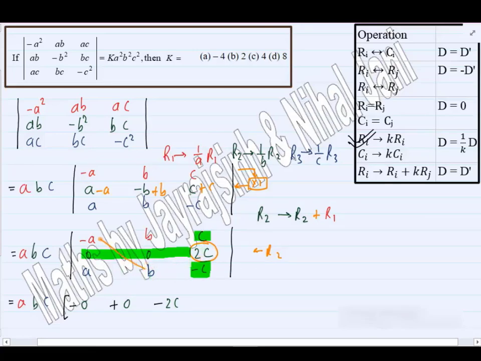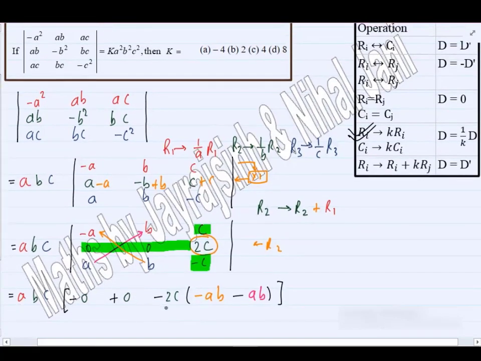Now let's multiply b with minus a, will give us minus ab, then minus a with b will give us ab. So here we will get this abc as it is, minus 2c minus ab will give us minus 2ab, or finally we will get 4a square b square c square.